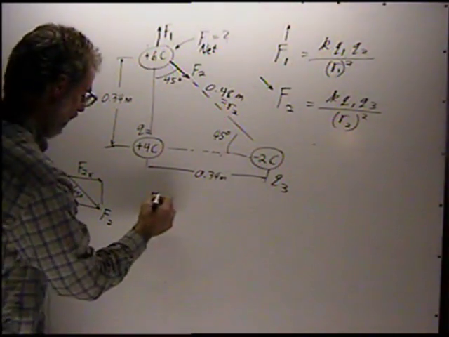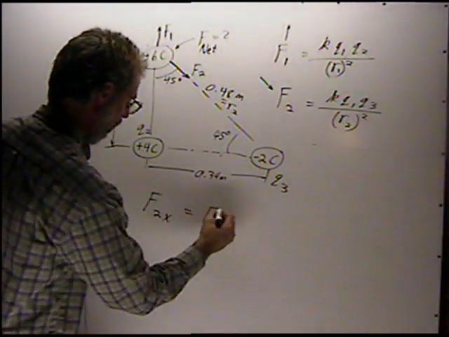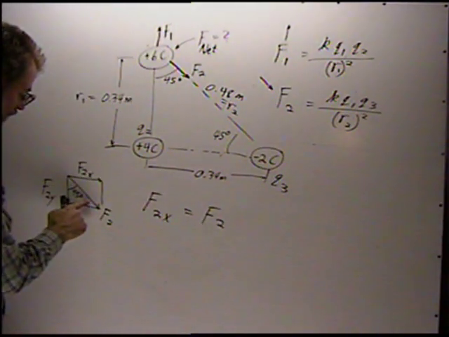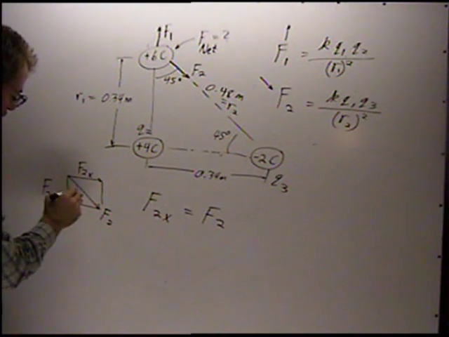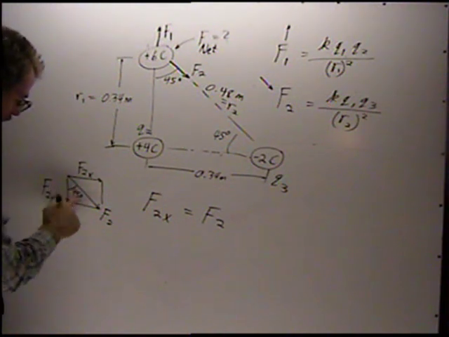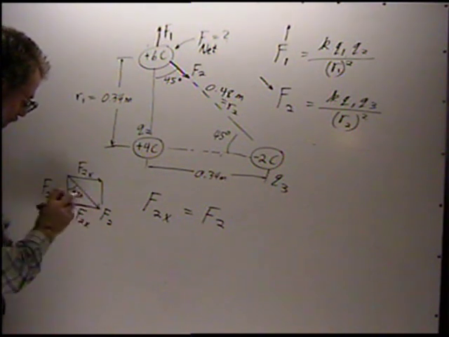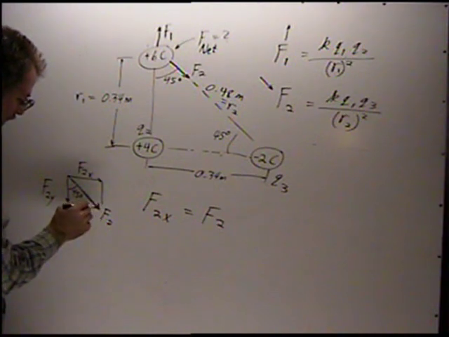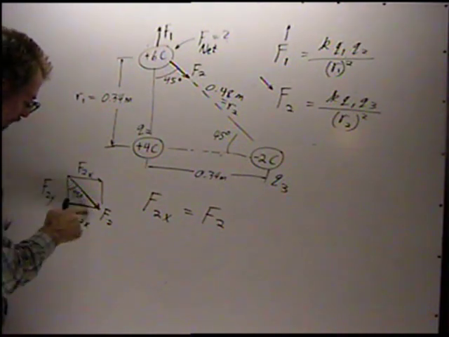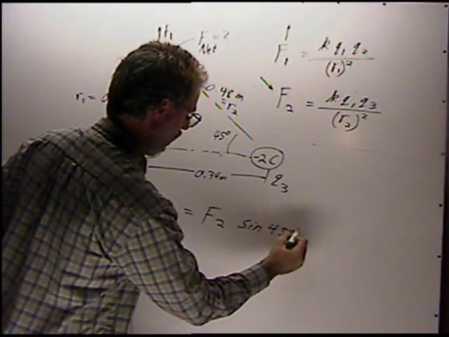So basically, F2x, here's F2, in this case, F2 in the x component is going to be F2 times the sine of 45 degrees.